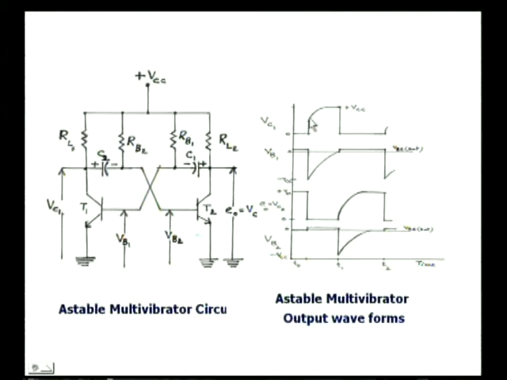Clearly we can see whenever the transistor T1 is in off state, transistor T2 will be on state, and during the transition the charging across the capacitor will be the input voltage to the transistor T1. So whenever it changes from reverse bias to forward bias, it can change from on state to off state.